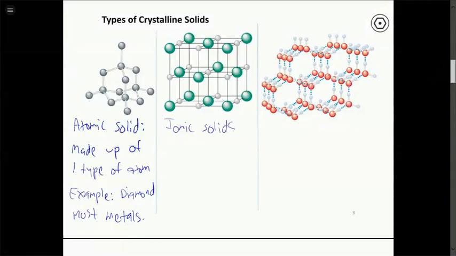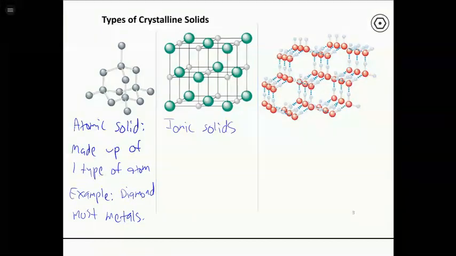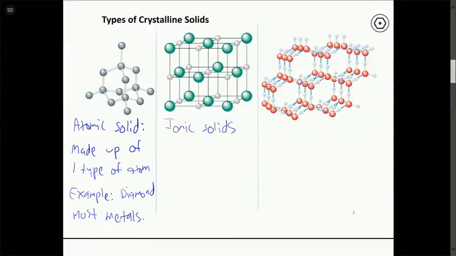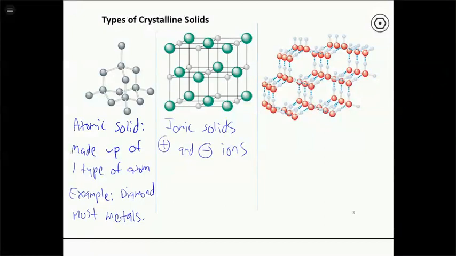Another major type, which we'll talk about the structures of as well, are ionic solids. Okay, so we know now that pretty much all ionic compounds that are the simple types are solids, and they're going to be crystalline. And in this case, it's going to be the positive and negative ions that make up the lattice points. All right, so we have these regular repeating units of positive and negative ions. So in this case, the green could be the negative, the white could be positive, or vice versa.